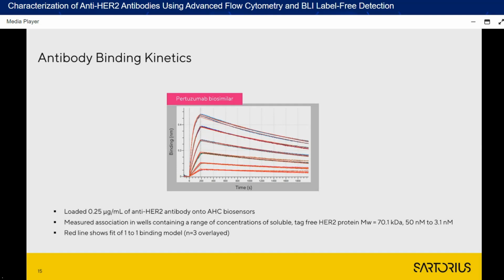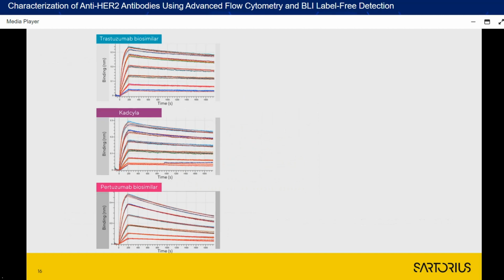And the trace you can see here is an overlay of 3 replicates per concentration, fit with a 1-to-1 binding model. And so obviously we repeated that for all 3 of the antibodies. And then we pulled out the KD values from the software.